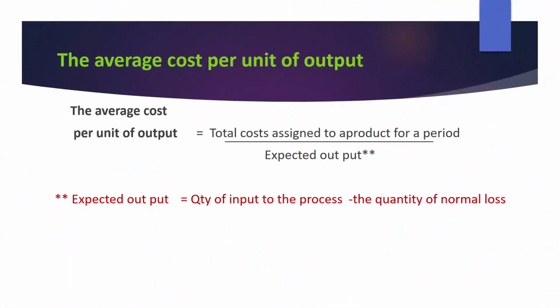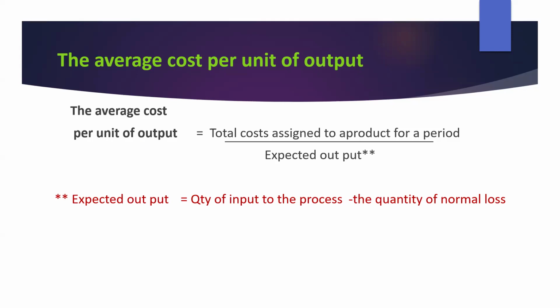So let's see how we are going to calculate the average cost per unit of output. Can you remember I informed you, for the product, we are going to take the average cost per unit in the process costing. This average cost per unit of output is calculated by taking the total cost assigned for the product for the period divided by the expected output.